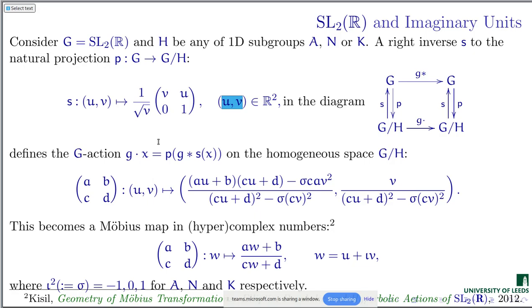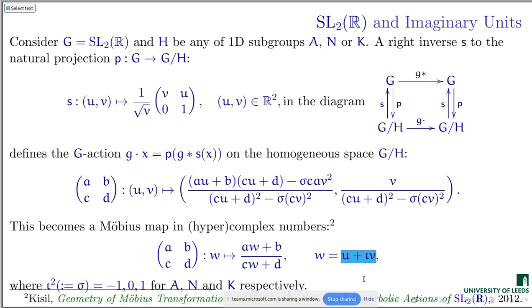If we repeat that algebraic computation, depending on which subgroup we are taking, A and K, we will get a formula of this type, which does not look very attractive if we stay with two real numbers U and V, but it is again transformed to a fractional linear transformation if we use these three types of hypercomplex numbers which we mentioned before.